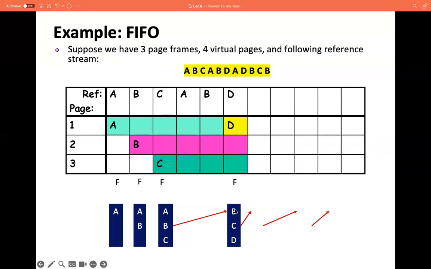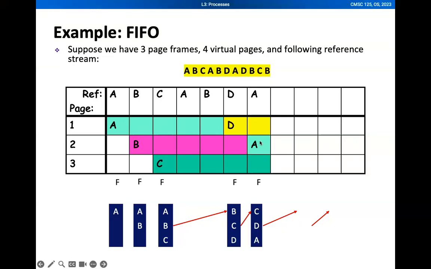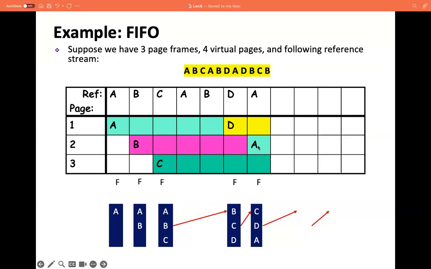So if a certain page needs to be loaded, then we have to replace B, since as you can see in the chart here, B was the oldest. So we remove B and then replace it with A. You can also see it here.